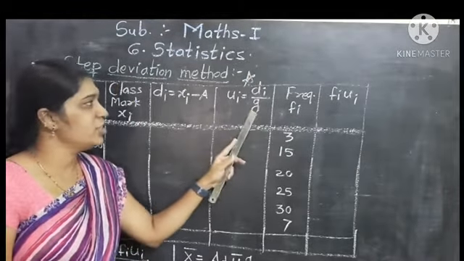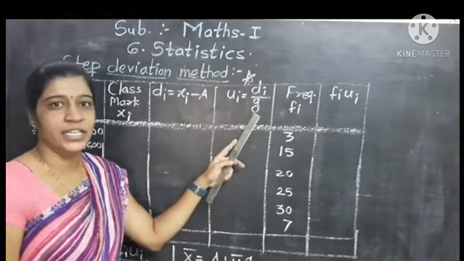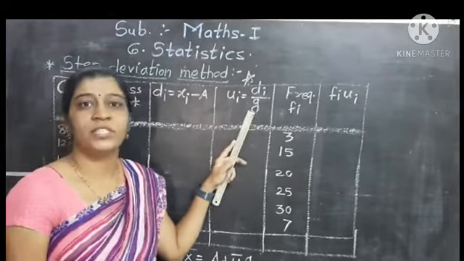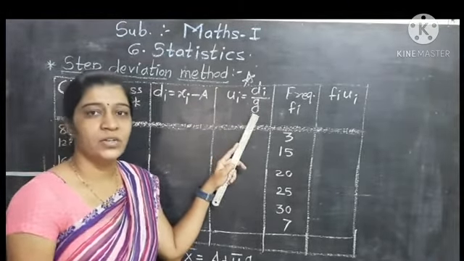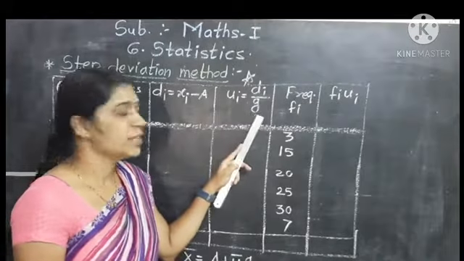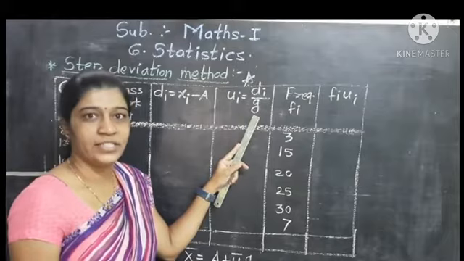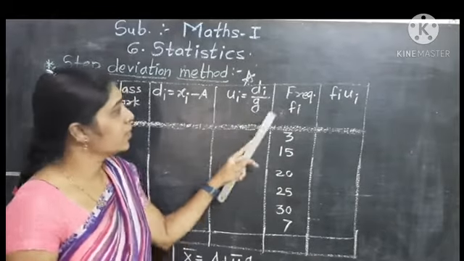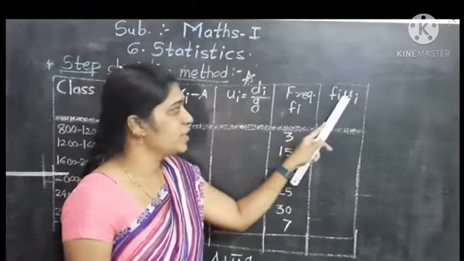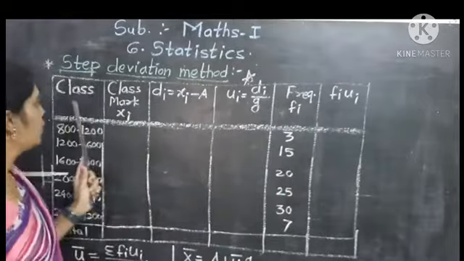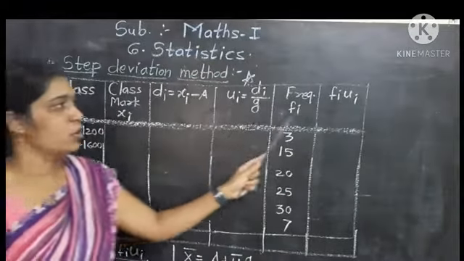What is g here? g is the GCD, the greatest common divisor. GCD we know from 6th standard, where we found HCF. Then the frequency, and the last column is fi into ui. First remember these 6 columns.